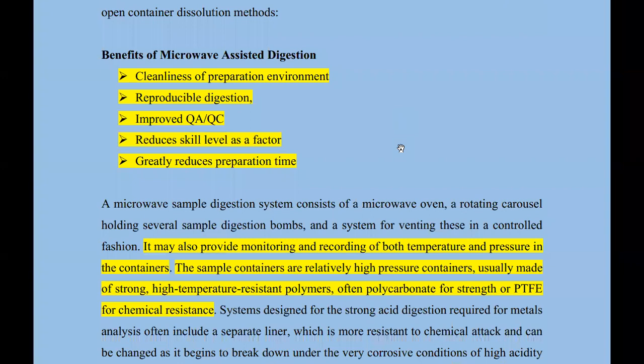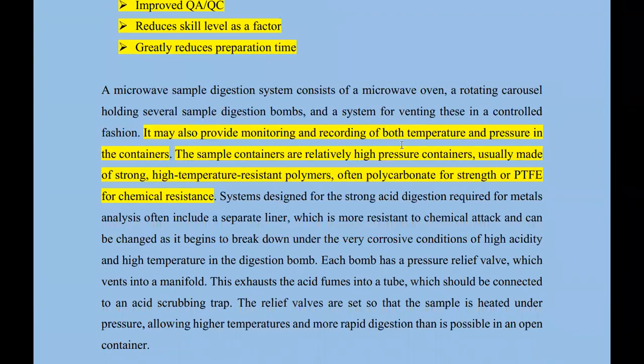The other point we need to emphasize is that it may also provide monitoring and recording of both the temperature and the pressure in the container. For dry ashing or decomposition, it's really difficult to tell the temperature at which the samples are being decomposed.